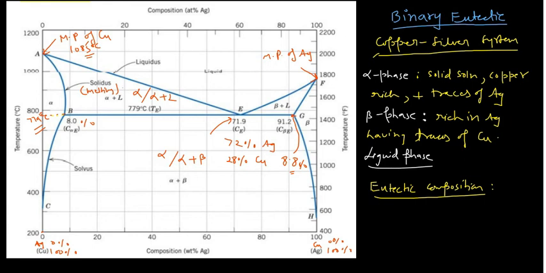Now what you can see, this is the liquid region. These two are liquidus lines. So this is the liquidus line and this is also the liquidus line. You should know what the liquidus line is, so I can write it here, liquidus line.